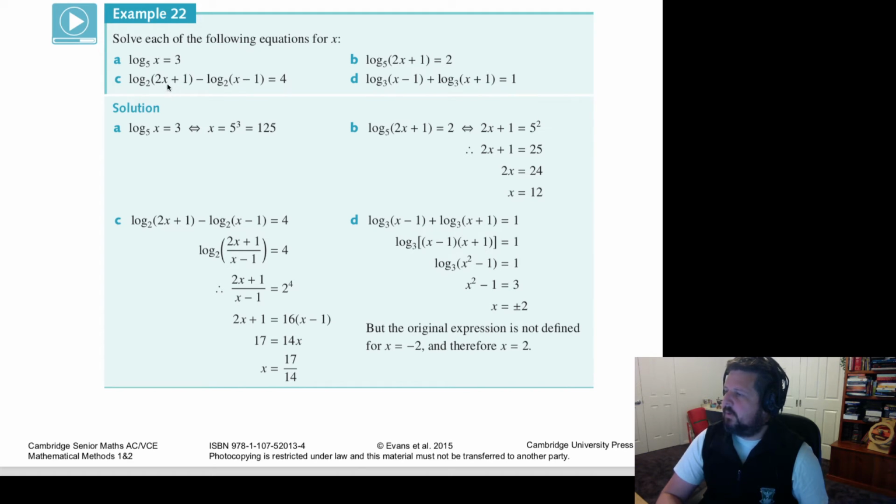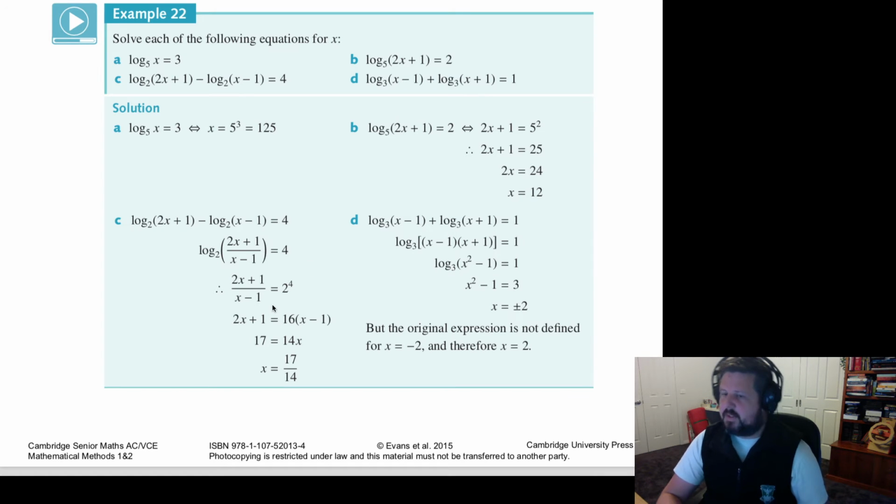So it's going to be 2x plus 1 divided by x take away 1. Given we've now got this, we're going to change the format. So remember, it's 2x plus 1 divided by x take away 1, what you're finding the log of, is equal to the base to the power of that. It's just changing the format again.